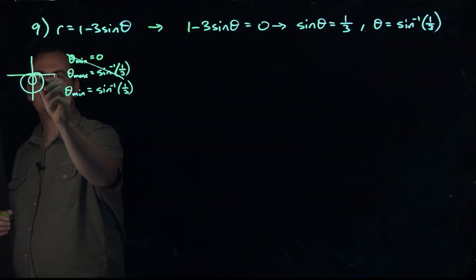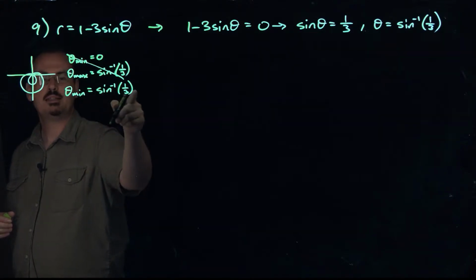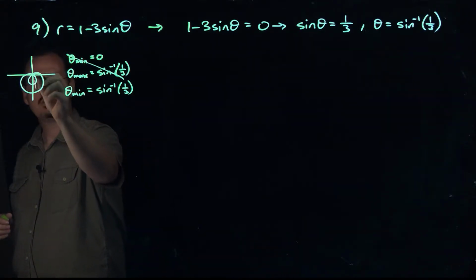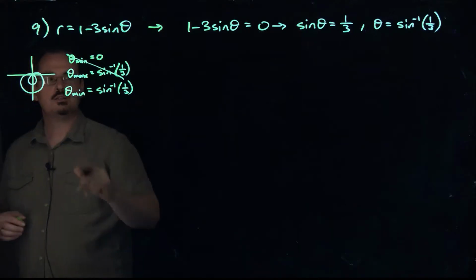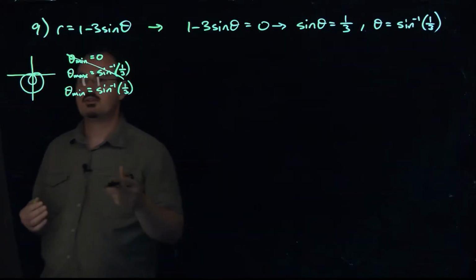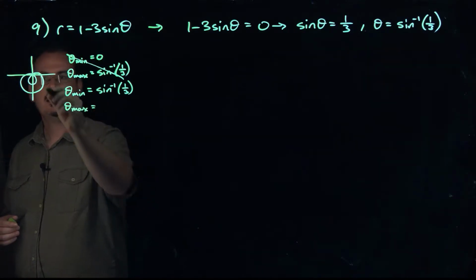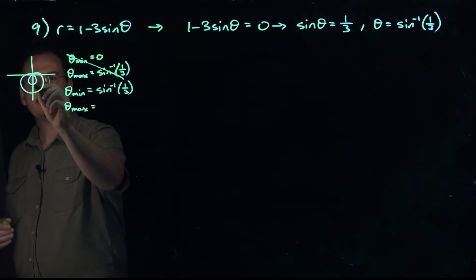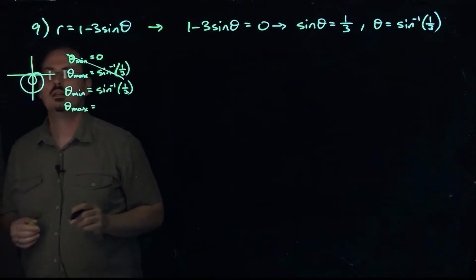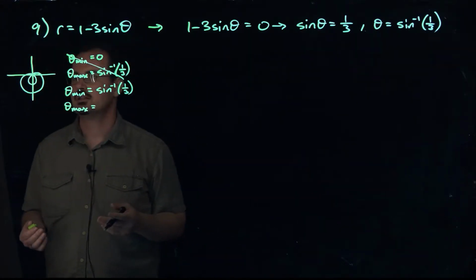If I go all the way to theta max equals pi minus that, that's going to enclose that little loop right there. So that could be my lower and upper bounds. However, I could take advantage of symmetry and realize that if I only go down to here, right there, then I can just double the answer.